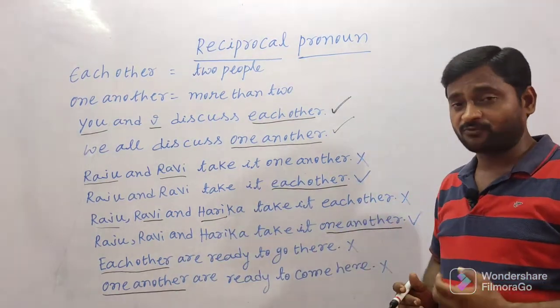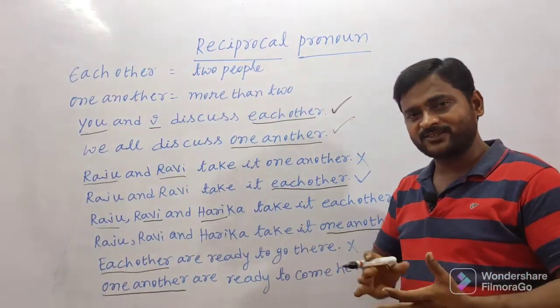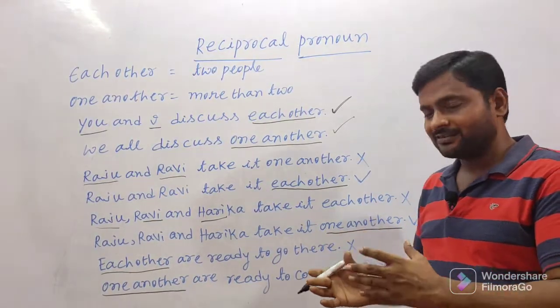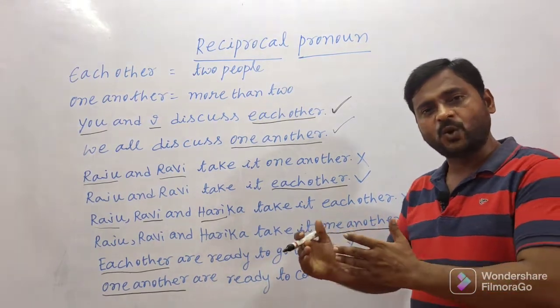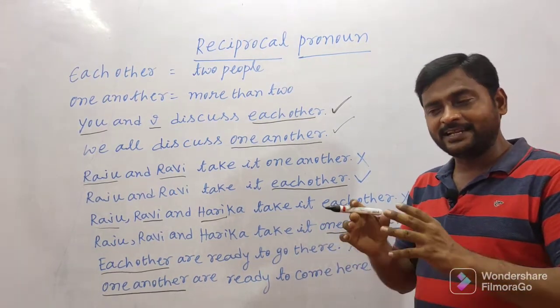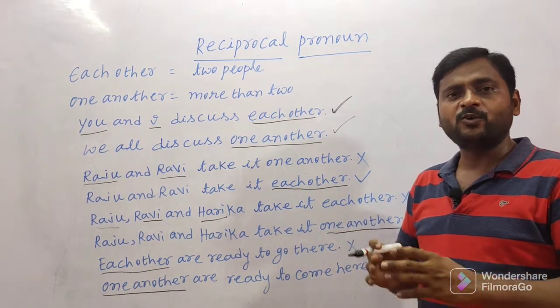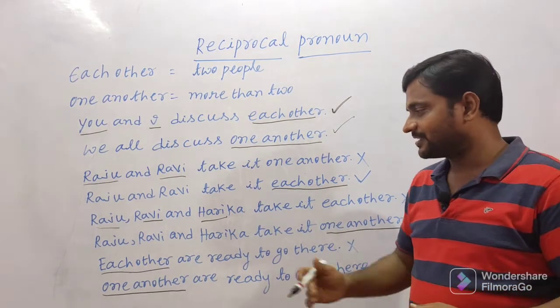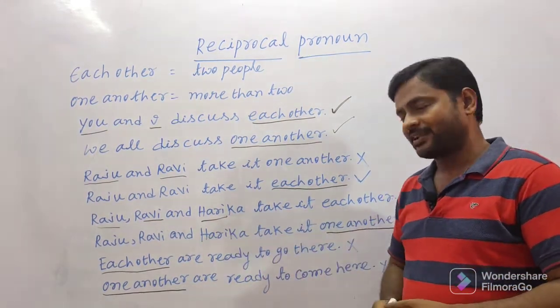If you use each other or one another in the subjective case, both will be wrong usage, because in English we don't have that kind of flexibility to use each other and one another in the subjective case.